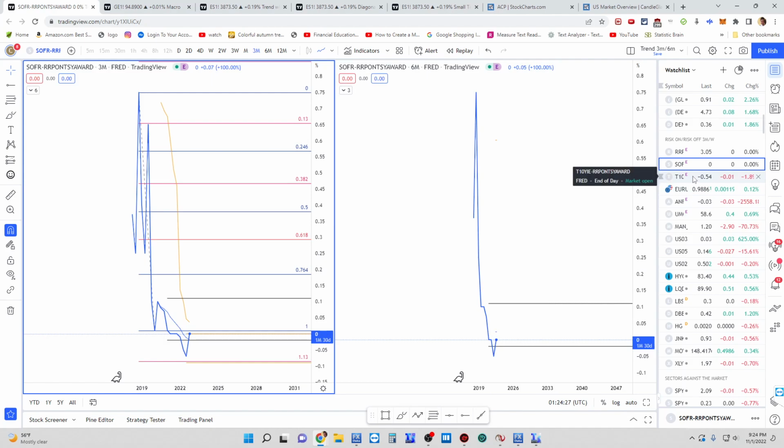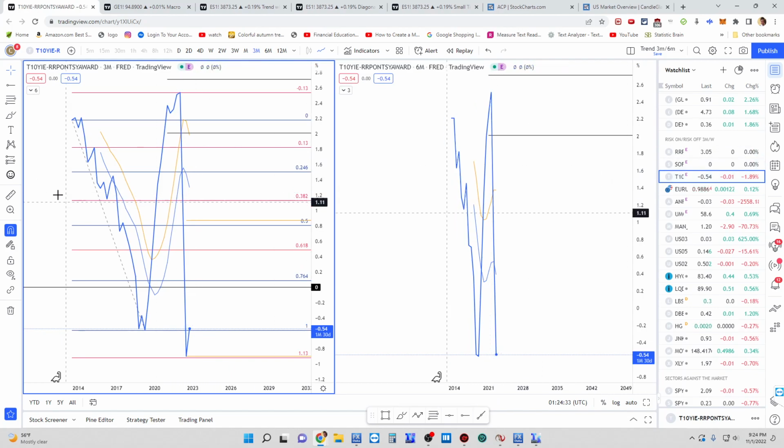I don't know what that means entirely, but when they were paying a premium, it meant things were pretty bad. The 10-year breakeven minus reverse repo is saying that banks are paying a premium to do reverse repo over the 10-year breakeven.